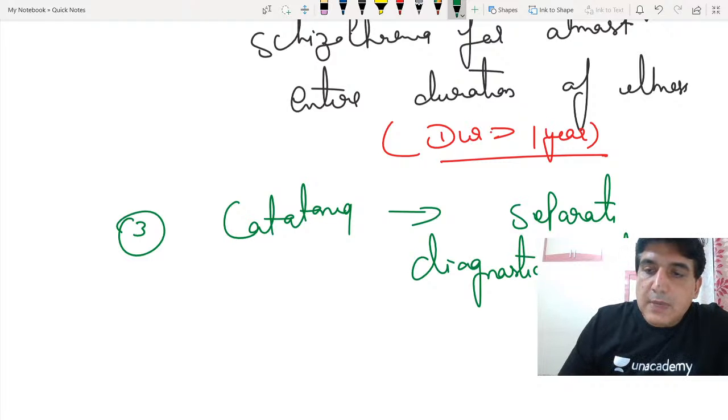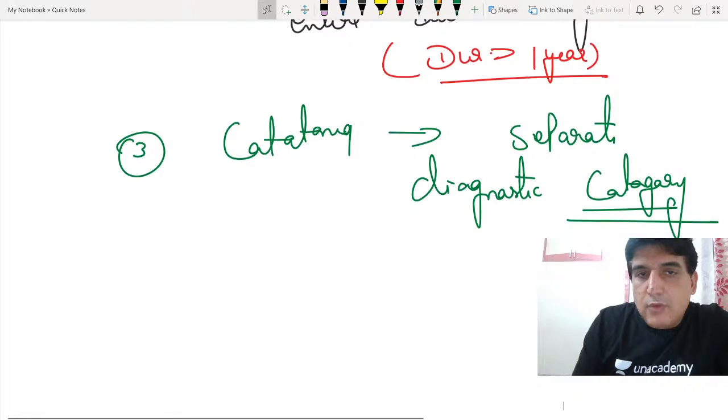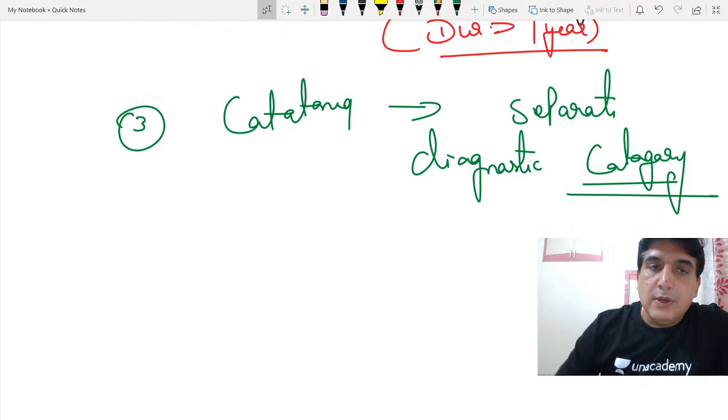Before, we were calling it catatonic schizophrenia, catatonic depression. Now we have a separate diagnostic category of catatonia. These are three significant changes in schizophrenia and related disorders.